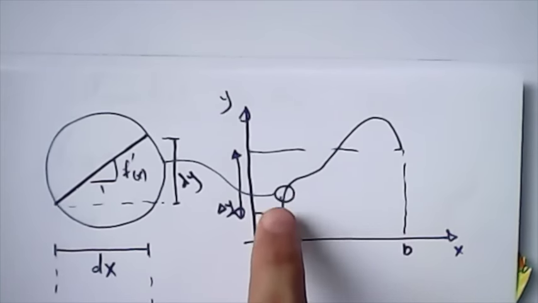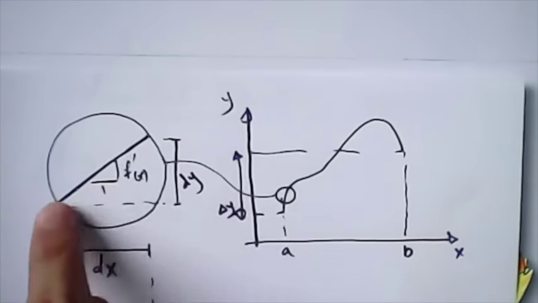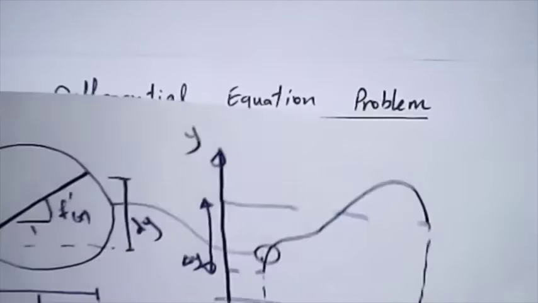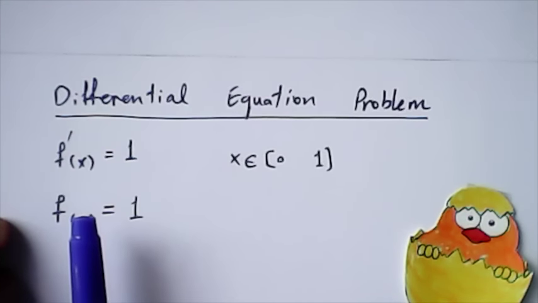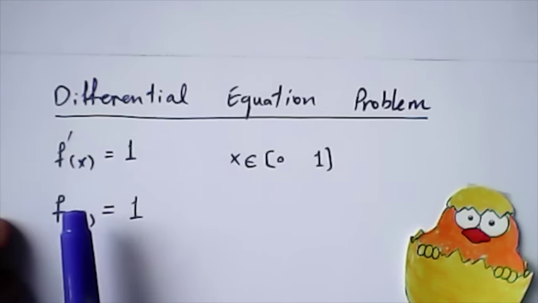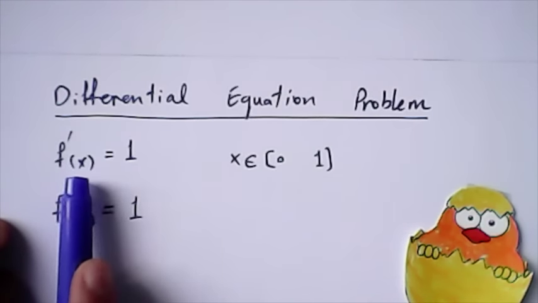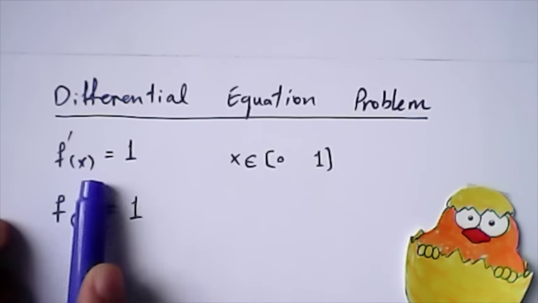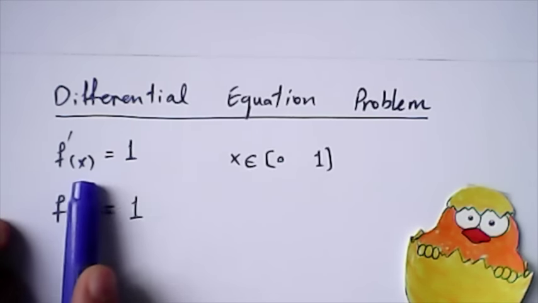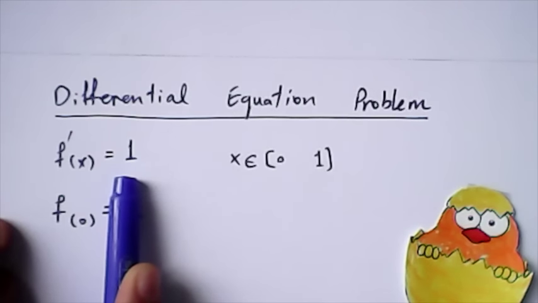So we ask him to take a look at every point here and tell us the slope. Okay, and he does so. He takes a look at the mountain very closely and tells us that wherever he looks, for every x, the derivative, the slope essentially, is equal to 1.